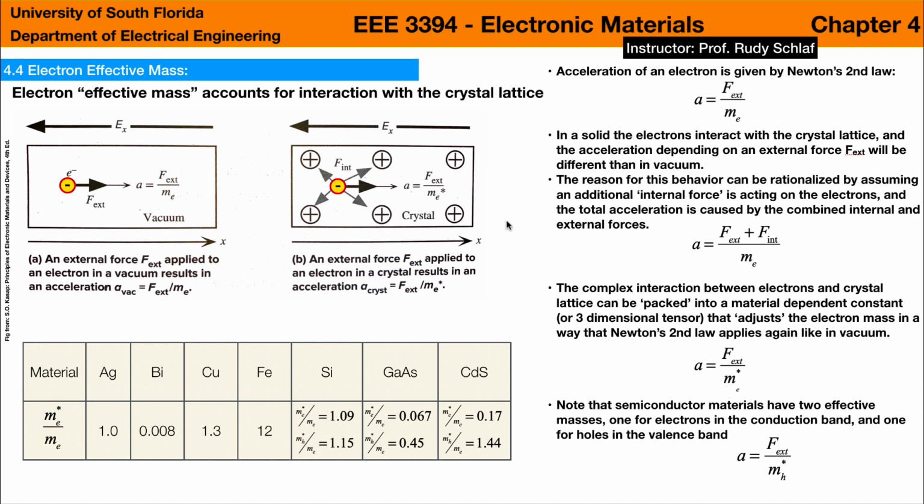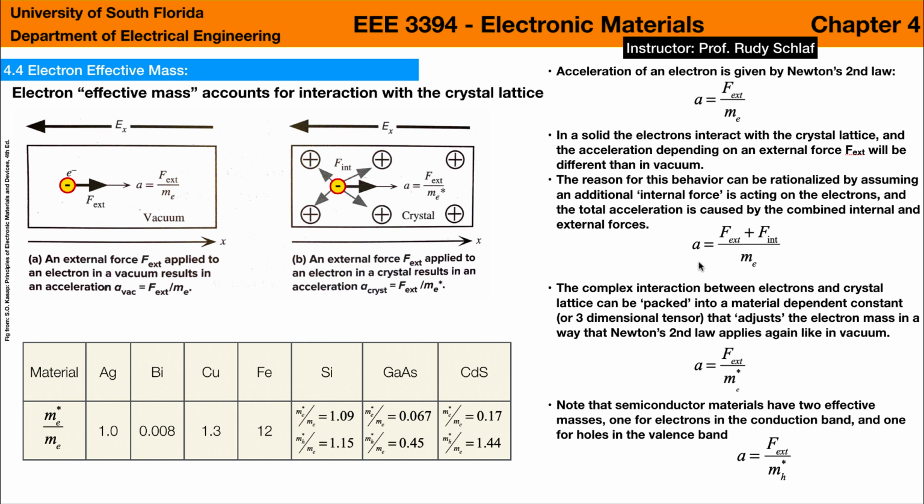You can probably imagine that it is rather difficult to exactly calculate the influence of the crystal lattice on the electron motion. And so there is a more practical approach that is sufficient for many applications to take into account how the crystal lattice interacts with the electron.